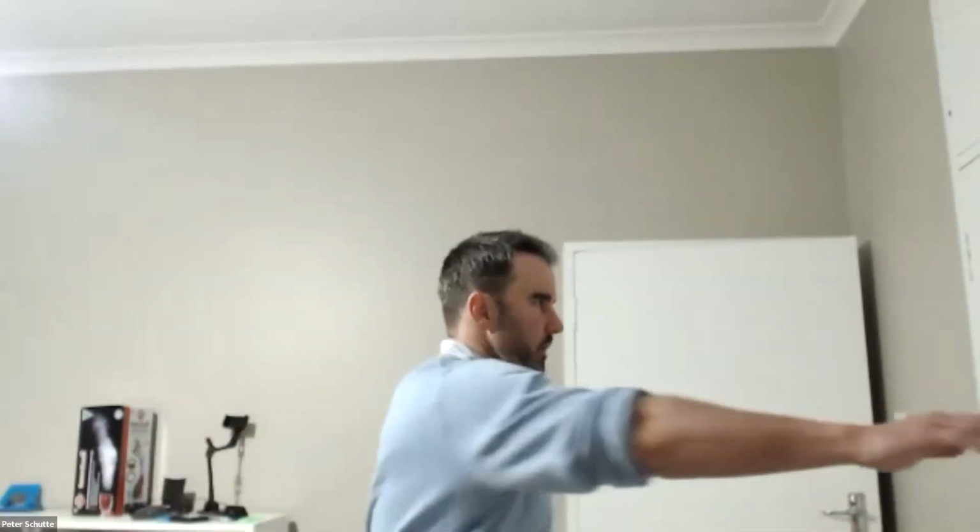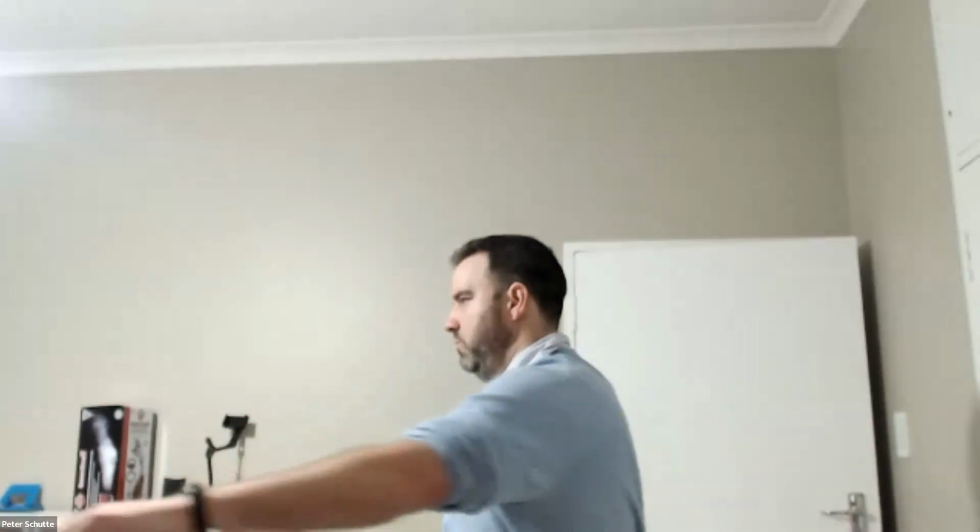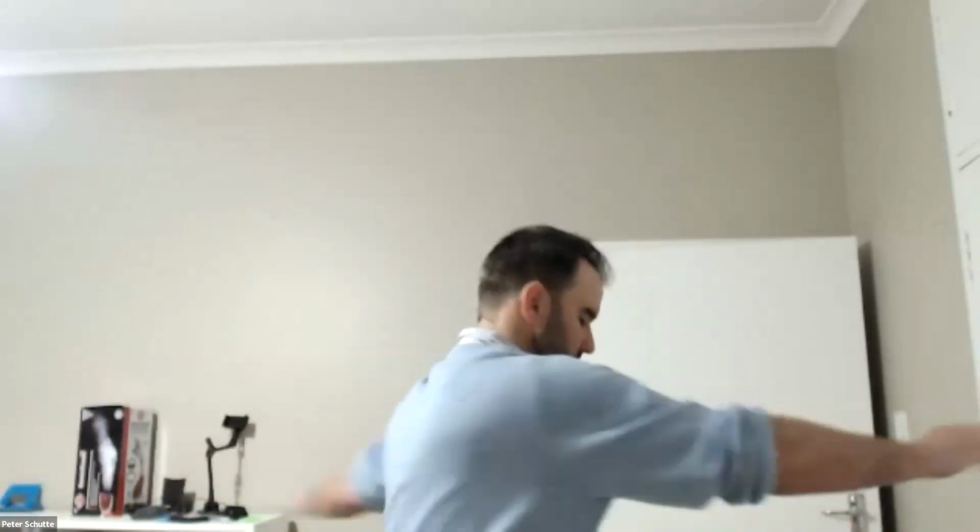So a nice narrow rotation. And then as you start to loosen up, you can extend your turning circle. Okay. And then shake out your arms again. Make sure they're nice and loose and flappy.